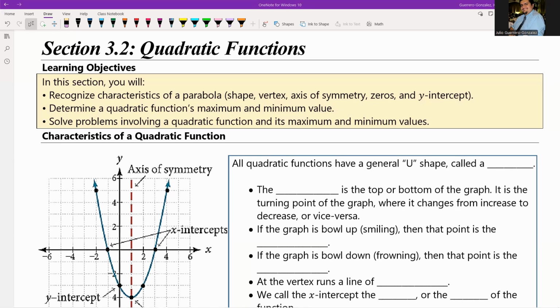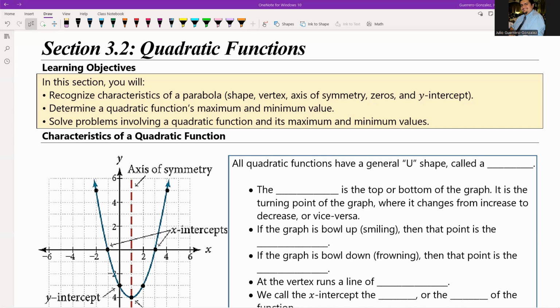This is the easiest. I don't want to say easiest, but the next big leap that we're going to take, and then we're going to do polynomials in general after this. Okay. So for quadratic functions, we're going to do exactly how we were doing for lines. Basically, recognize the shape and some little bits about them, right?